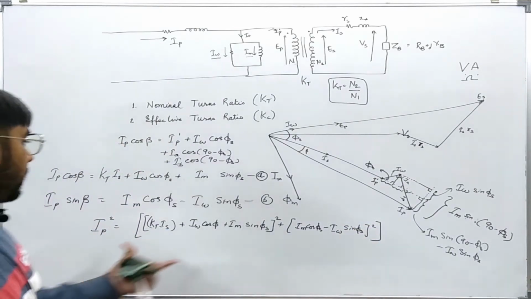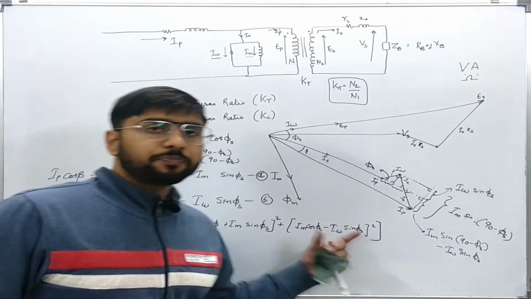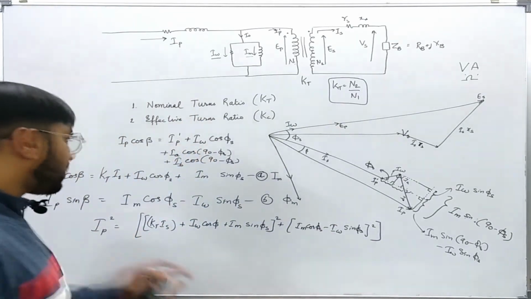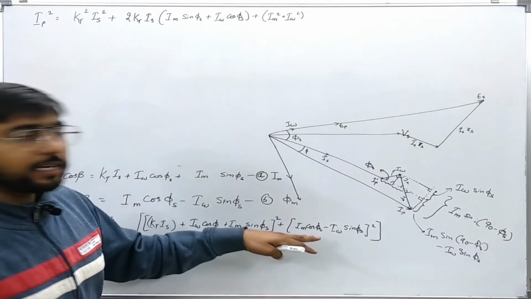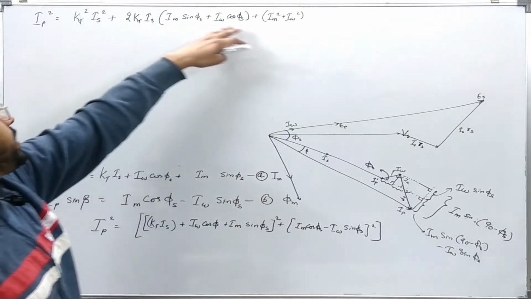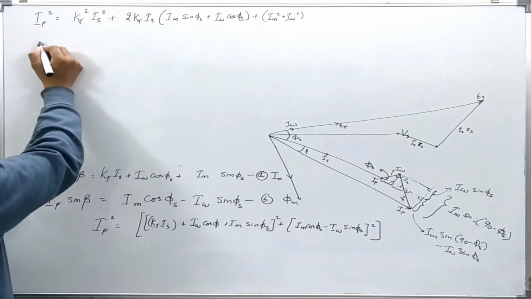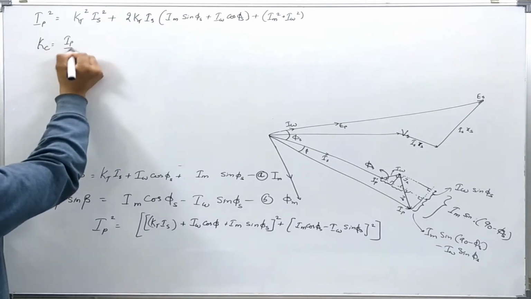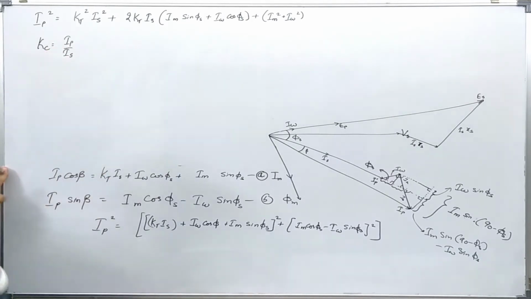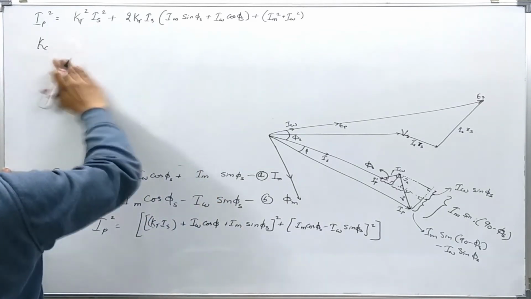Okay, I will solve it further and just write the simplified form in the next slide. Now I have solved or a little bit expanded this and written it here. So what I need to find is the effective turns ratio. So first I will take KT and IS common out of here.